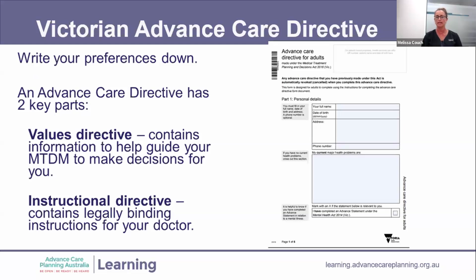So the values might talk about what's living well to you and some more generalized comments, whereas the instructional is legally binding, and that's specific instructions to a doctor. So it might be, I consent to IV antibiotics, I consent to blood products. It also might say, I refuse resuscitation, I refuse being on a ventilator, I refuse chemotherapy. So it's very specific.